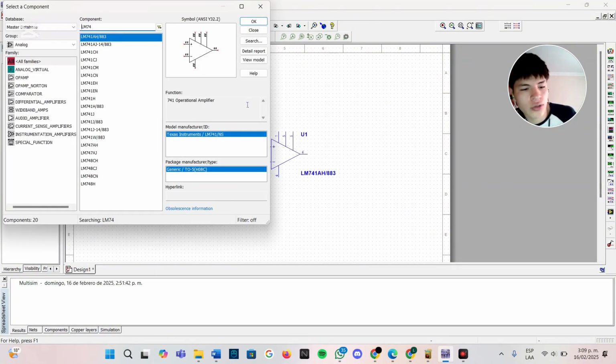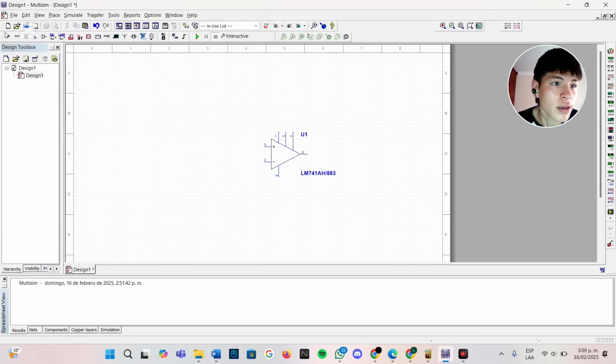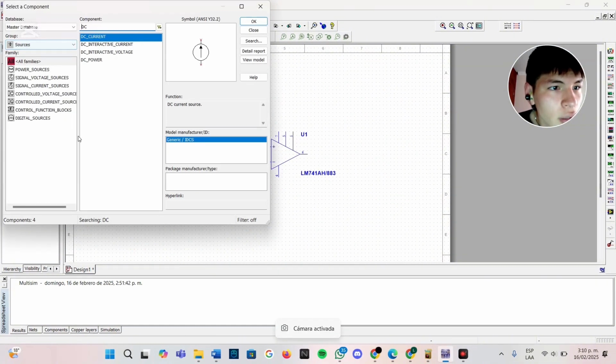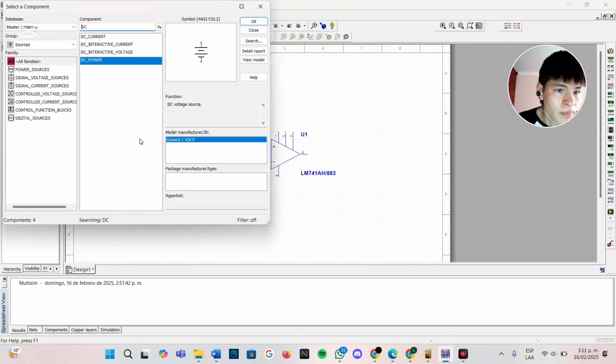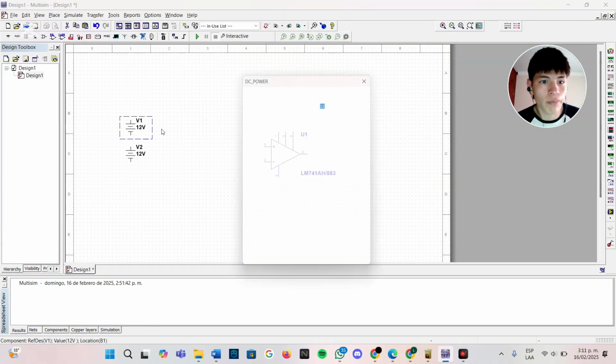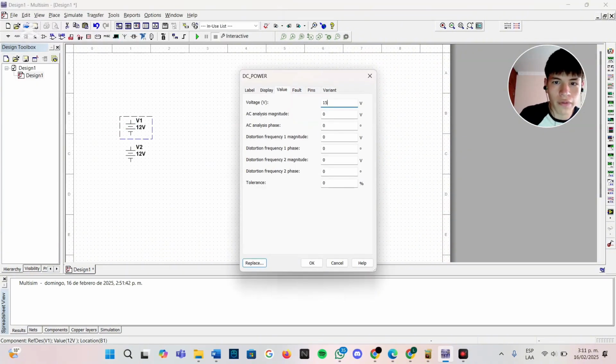But we have to take into account the power supply, which is with two voltage sources in this part: DC power, 15 volts.